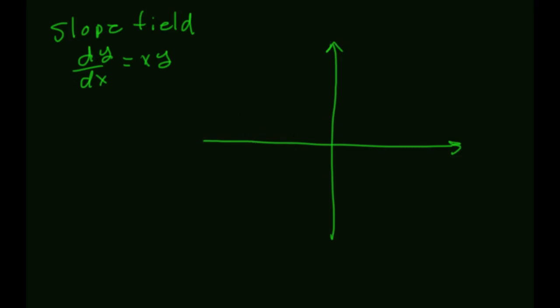So what I'm going to do is build a grid of dots here. I'm going to build a dot going up 1, 2, 3, put 1 at the origin, go over 1, 2, 3, and then we're going to put all the rest of the dots here.